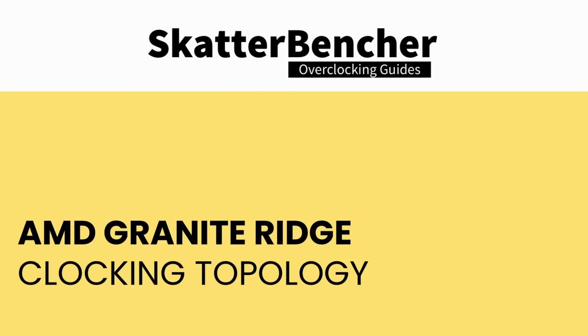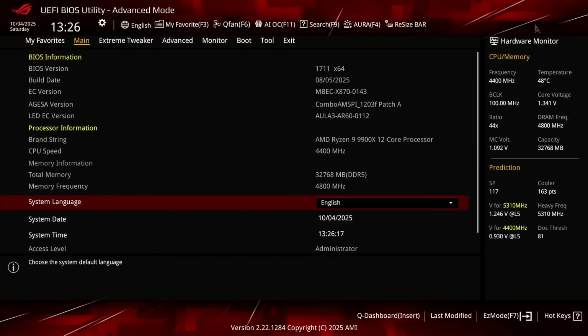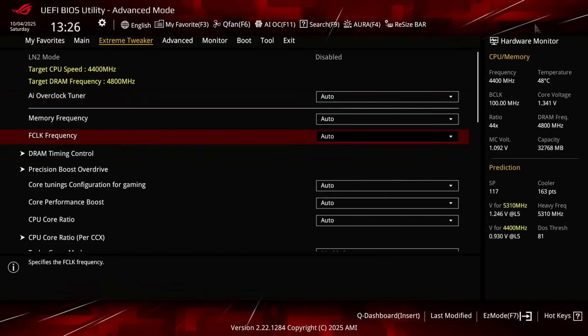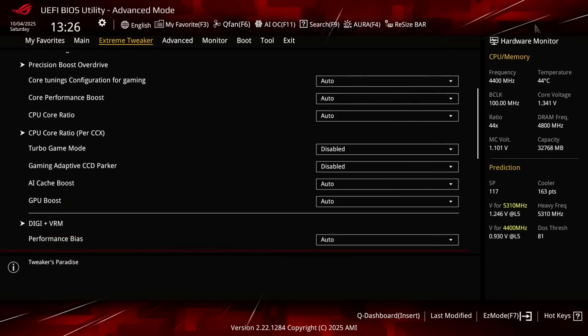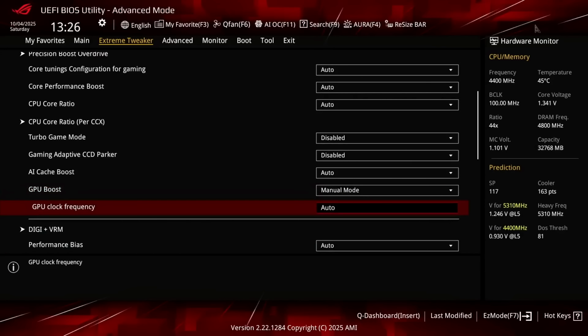The graphics frequency or graphics clock is derived from a 100 MHz internal or external reference clock input. The reference clock is multiplied by a graphics clock ratio, which you can configure in the BIOS. Configuring the value in the BIOS sets the graphics clock max override and forces the GPU to operate at that frequency.